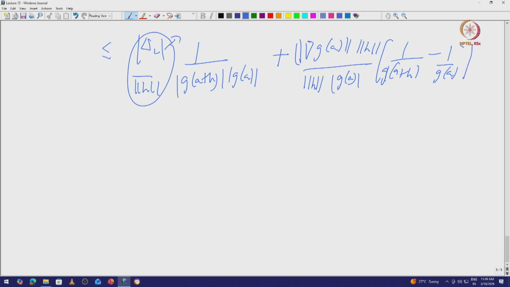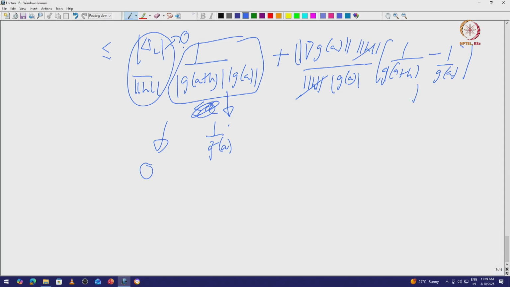This goes to 0. This stays bounded. Why does it stay bounded? Because norm of g of a plus h, in fact, why bother with bounded? This, as h goes to 0, goes to 1 by g square of a by continuity. Recall that 1 divided by g is continuous at a point a where g of a is non-zero, right? So this times this goes to 0. These cancel out.